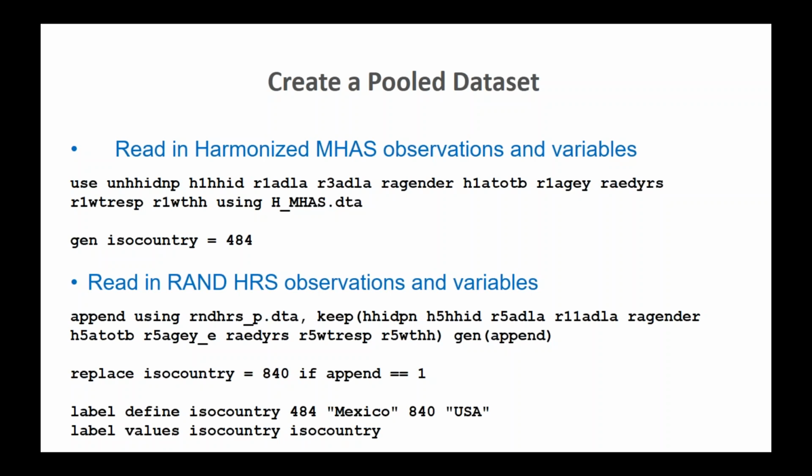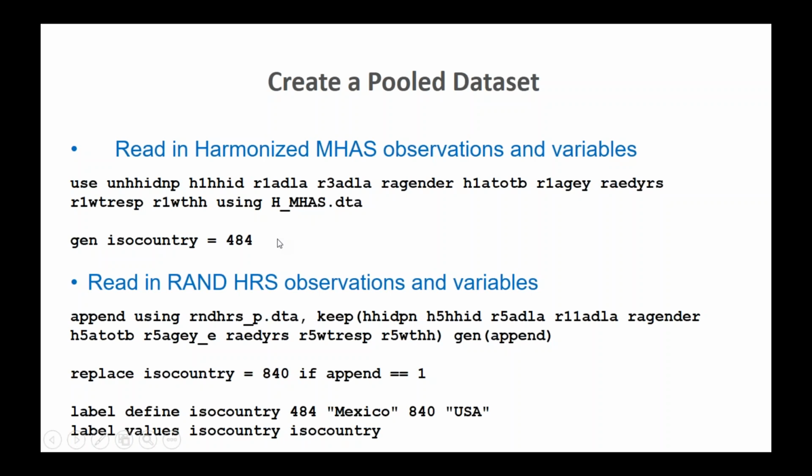Stata works by building a data set in its memory. That makes it very fast, but you pull it into working memory, and then Stata plays with it from there. This is somewhat different than how SAS works, if people are familiar with SAS. So we have our variables listed here that we identified, using the HMHAS.dta.